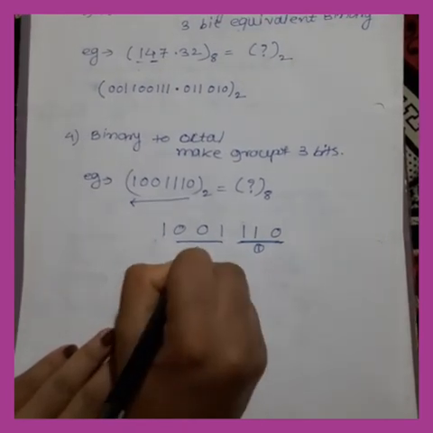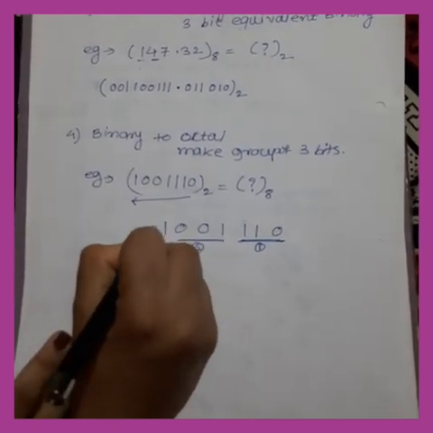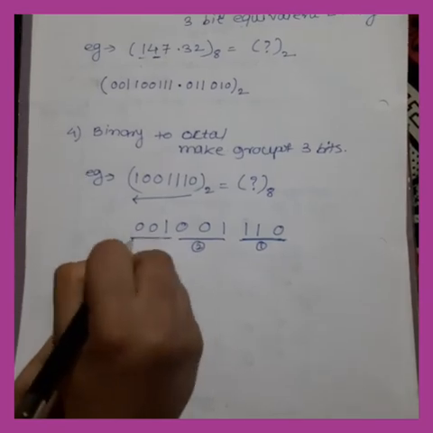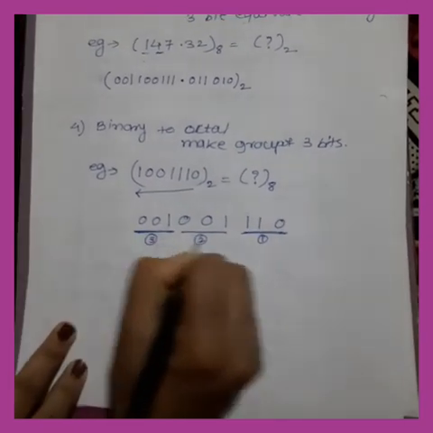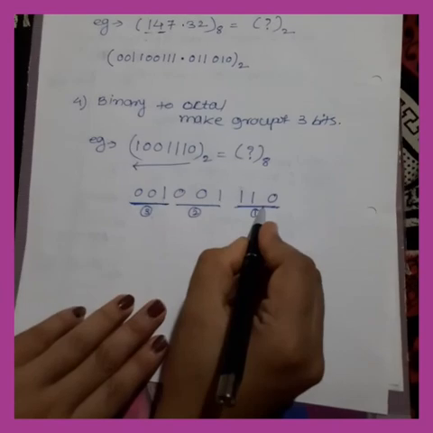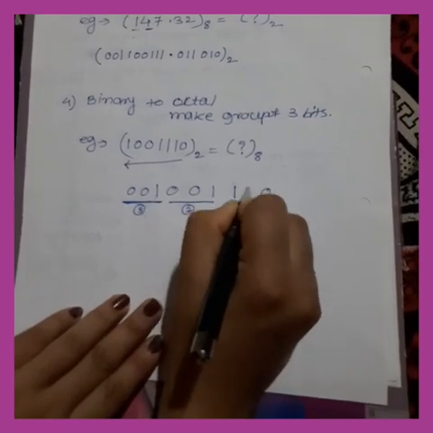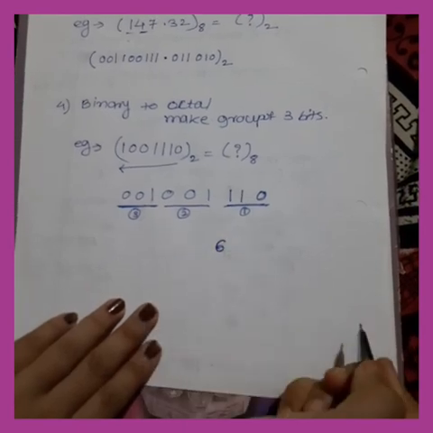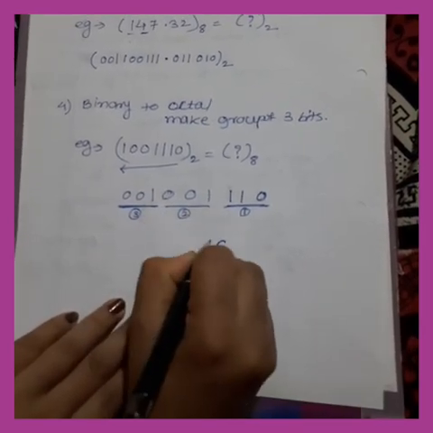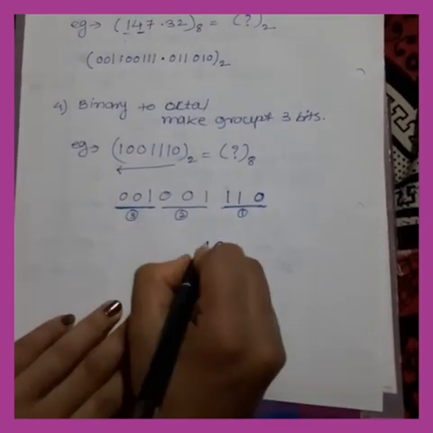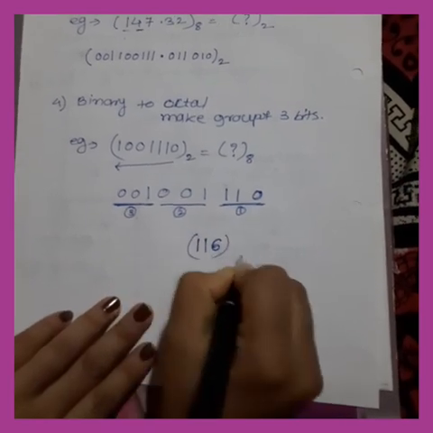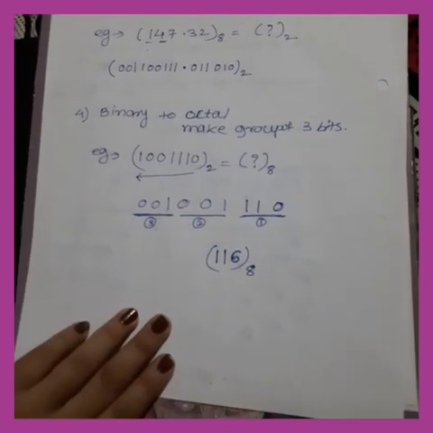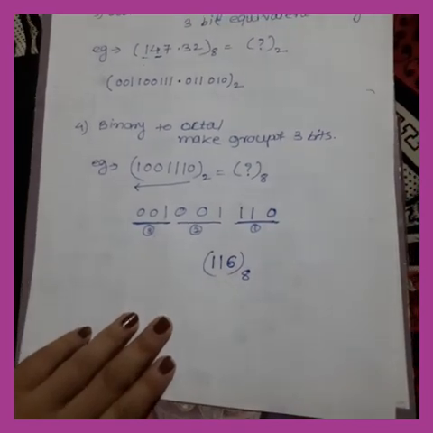Here you can add 2 zeros, this is group number 3, and now write down its equivalent decimal digit. So 110 is 6, 001 is 1, and 001 is 1. So this is my required octal number.